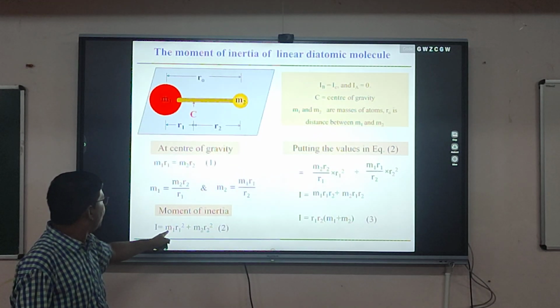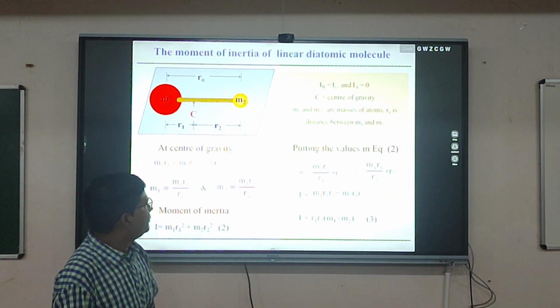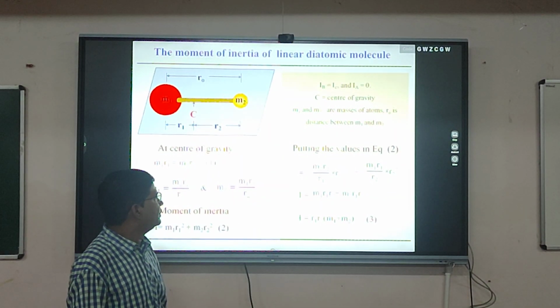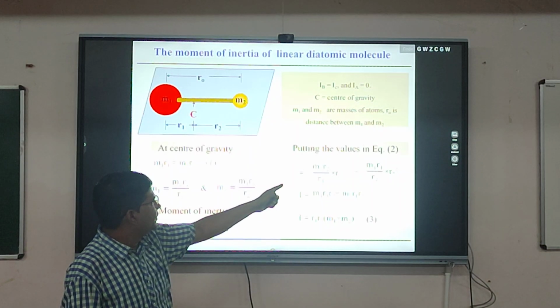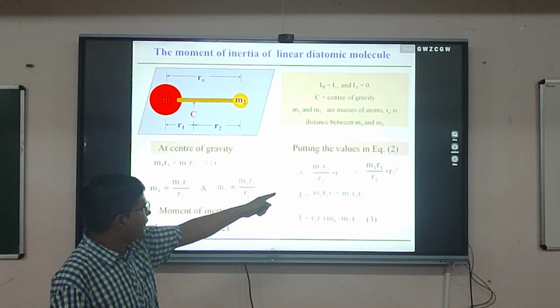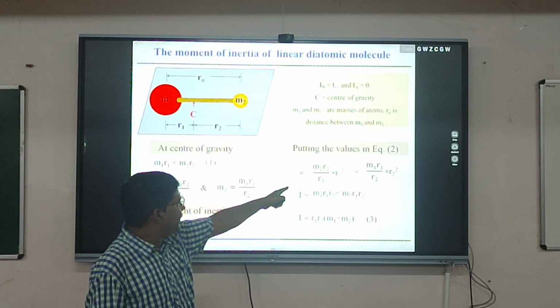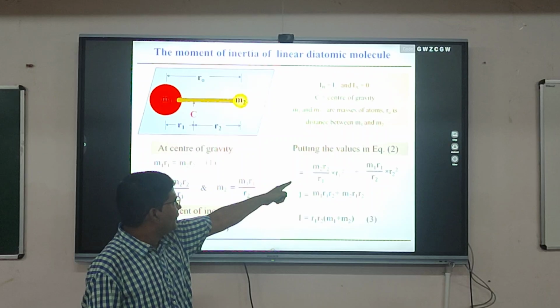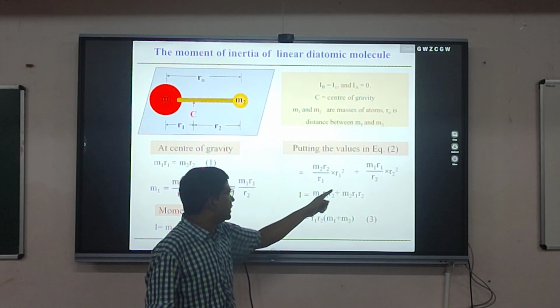we put the value of M1 here. The equation becomes M2 R2 divided by R1 into R1 squared, plus M1 R1 divided by R2 into R2 squared. One R1 squared cancels, and one R2 squared cancels.